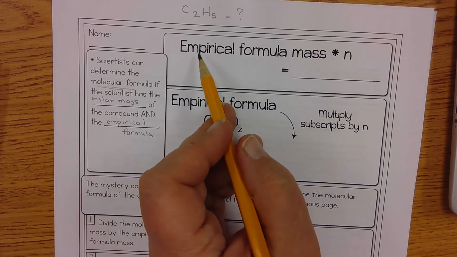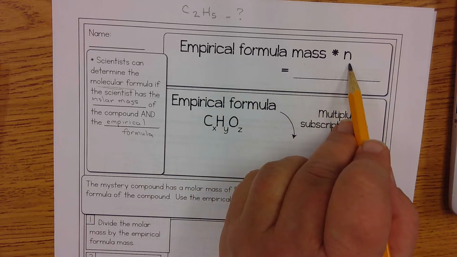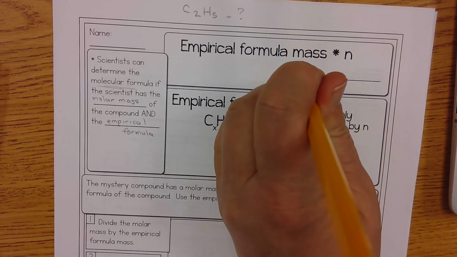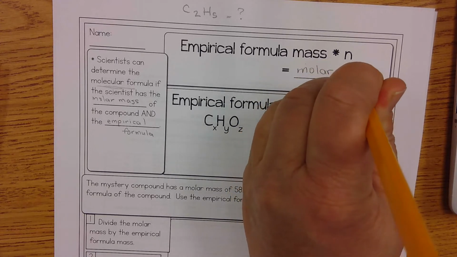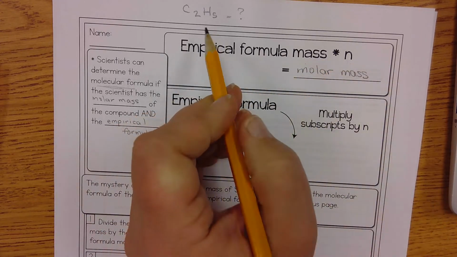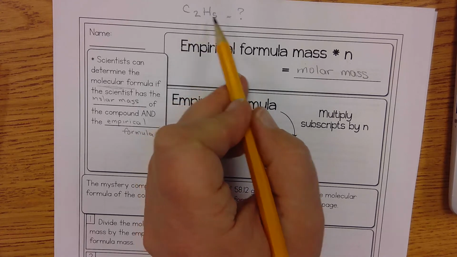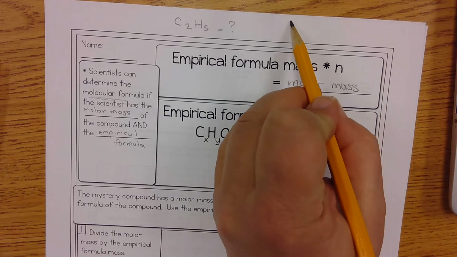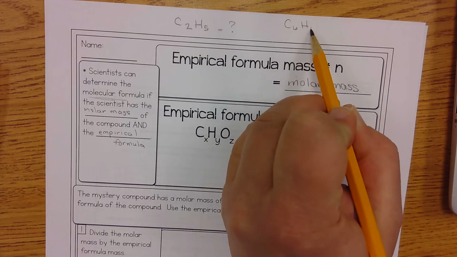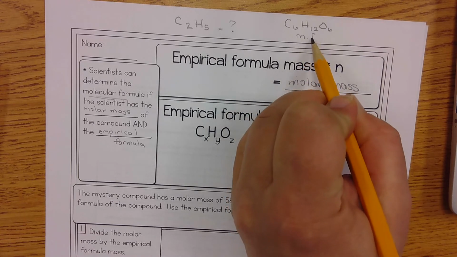So here's the equation for that. The empirical formula mass times N equals the molar mass. What we are looking for is N, which is the ratio to turn this empirical formula into a molecular formula. Remember when we did glucose, C6H12O6, that was the molecular formula.